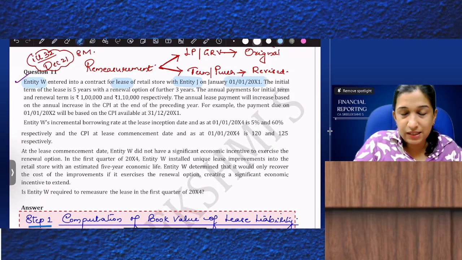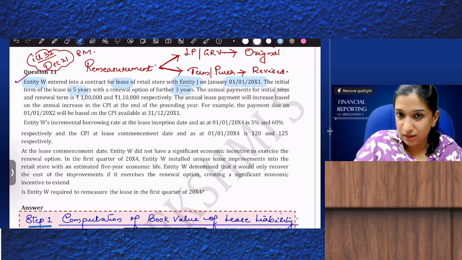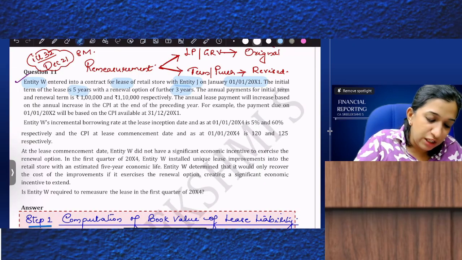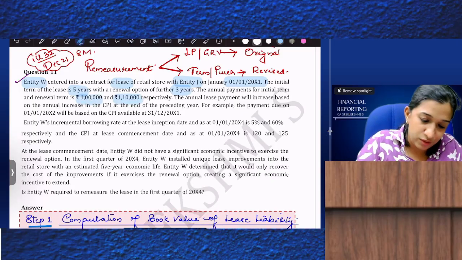So the contract date is 1st January 11. The initial term is 5 years with a renewal option of a further 3 years. So the initial term is 5 years, and if you want, you can renew for 3 more years. The annual payment for the initial term is 1 lakh and for the renewal term, if you exercise it, it is 1,10,000.